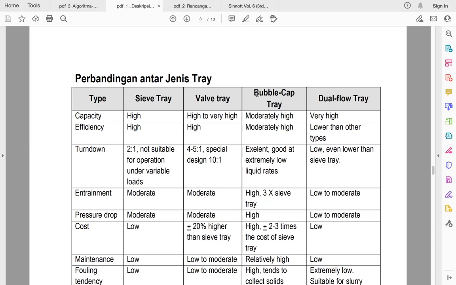At that time I taught them about distillation columns and the use of HYSYS. I showed one of my students' work about the packing column design, and they told me, Bu, it's good, but it's too buntet.